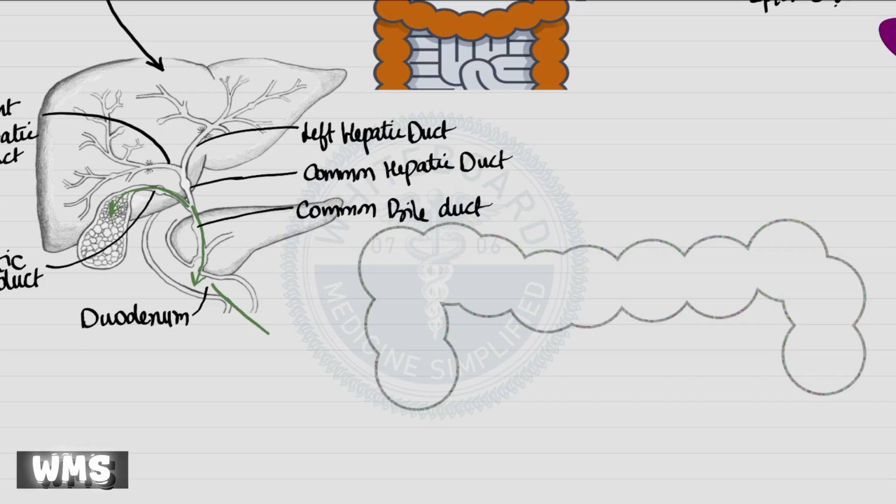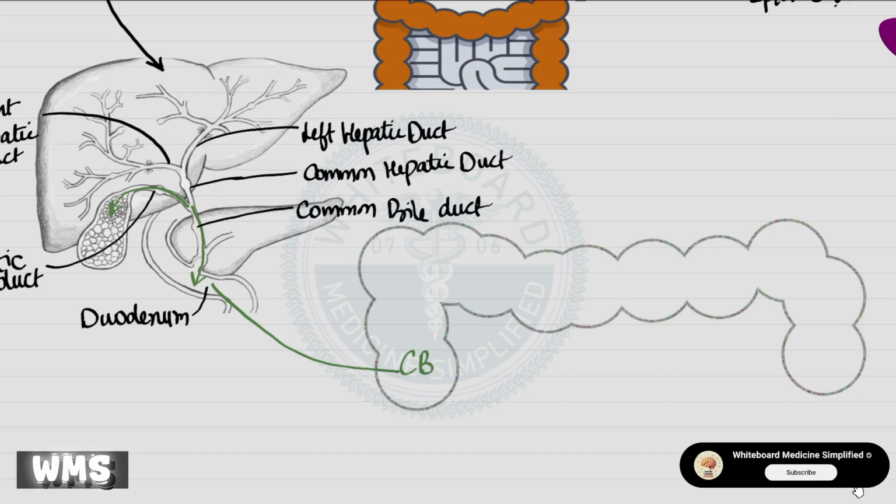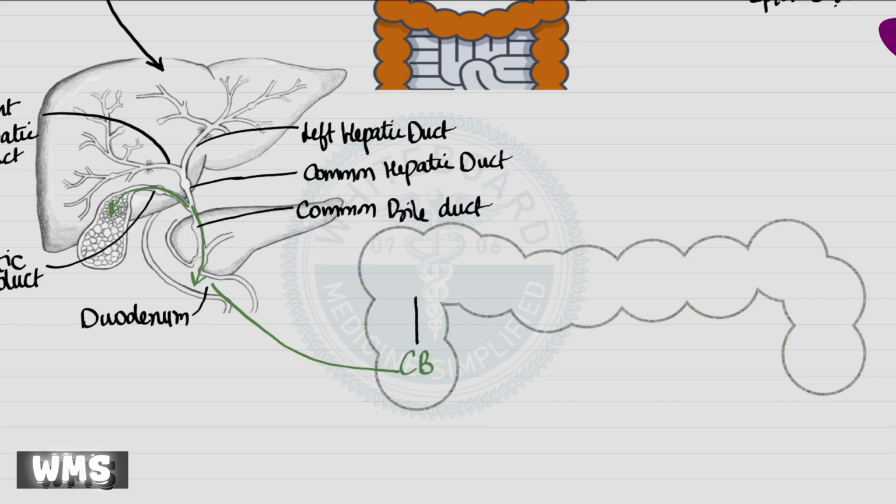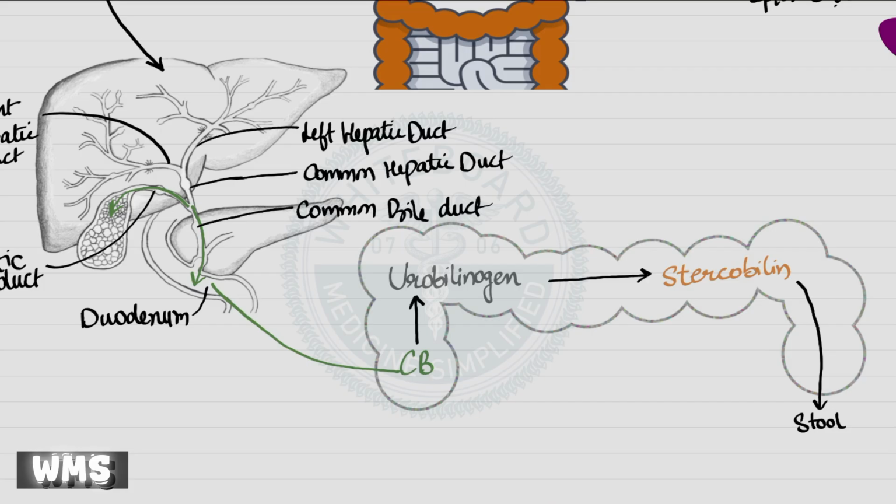When conjugated bilirubin reaches the intestine, particularly in the terminal ileum and colon, it encounters gut bacteria. These bacteria act on the conjugated bilirubin and convert it into a colorless compound called urobilinogen. Most of this urobilinogen gets oxidized to form stercobilin, which gives stool its characteristic brown color and is excreted in the feces.